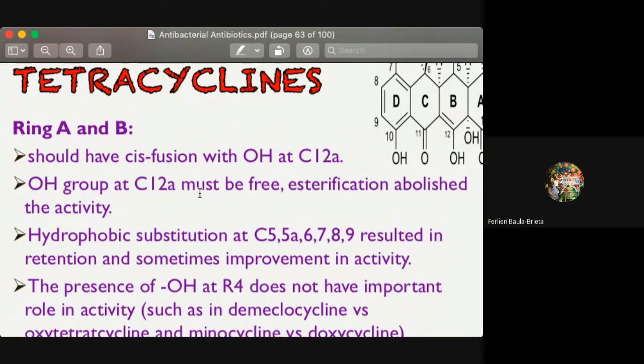So esterification abolishes the activity. Now hydrophobic substitution at C5, 5A, 6, 7, 8, 9 resulted in retention and sometimes improvement in activity.